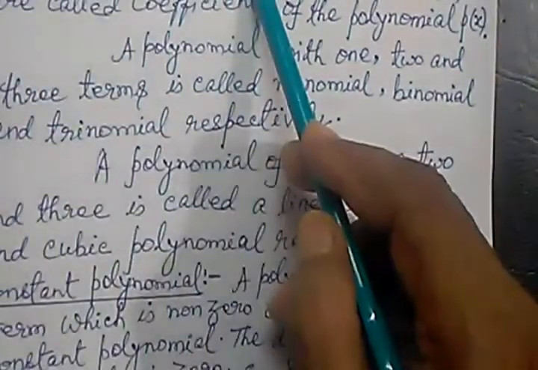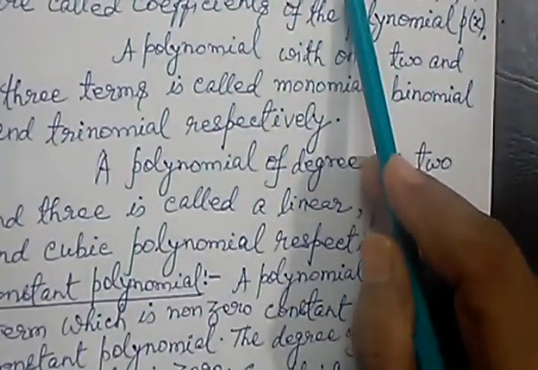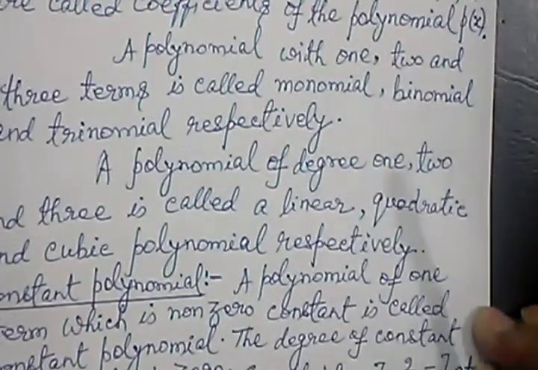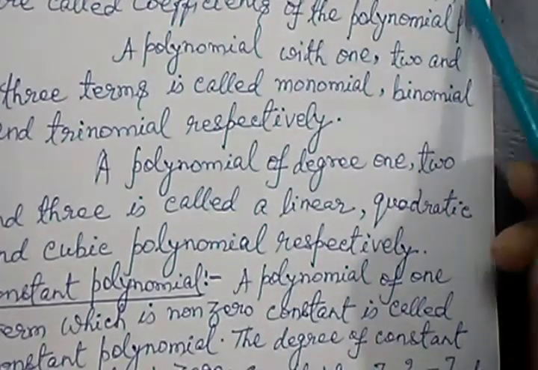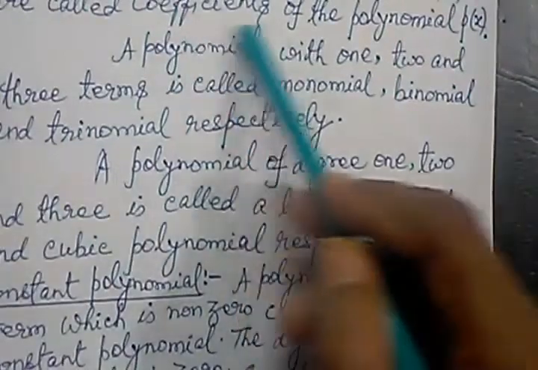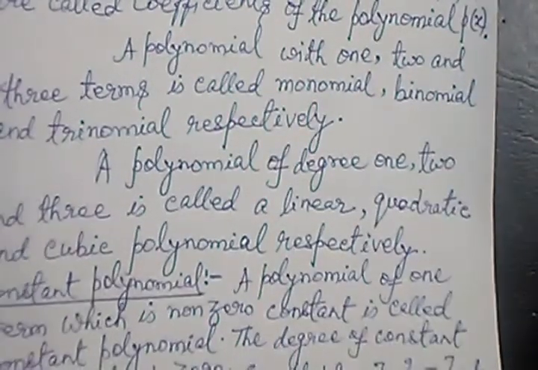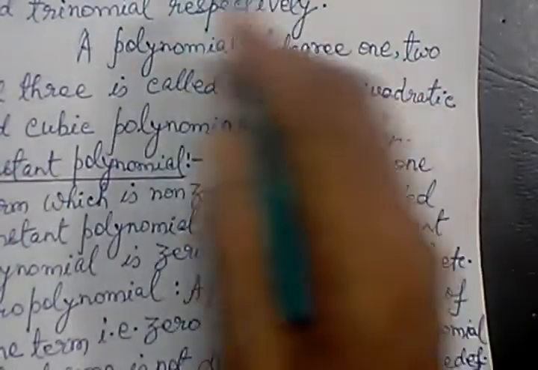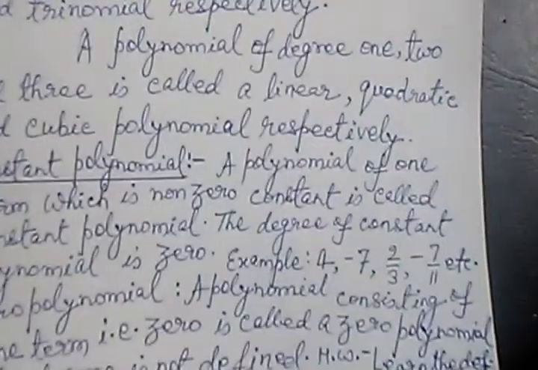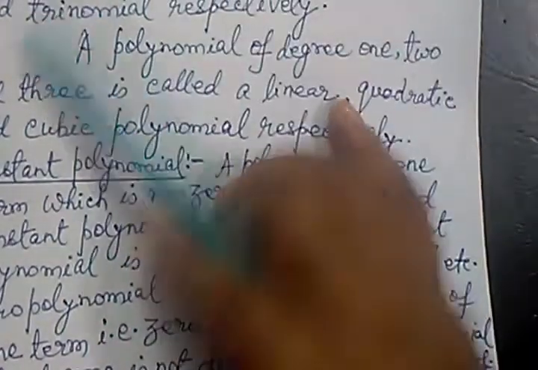So these are the terms, and these a naught, a1, a2, a3, a4, an are called the coefficients of the polynomial px. Clear? Now this is the definition of the polynomial, this is the definition of the terms, and this is the definition of coefficients. Everything is clear to you. What is the standard form of polynomial, that is also clear to you in above.